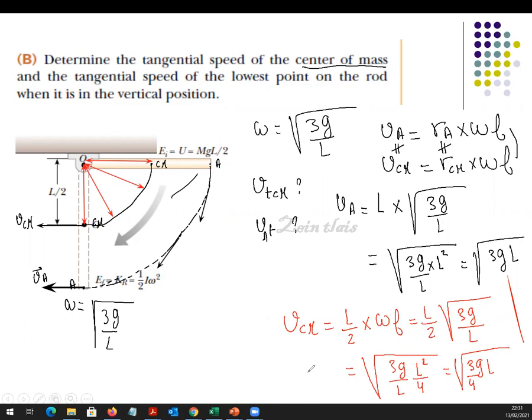This is the value of VCM. So we get VA equals radical 3GL, and V of the center of mass equals radical 3GL over 4.